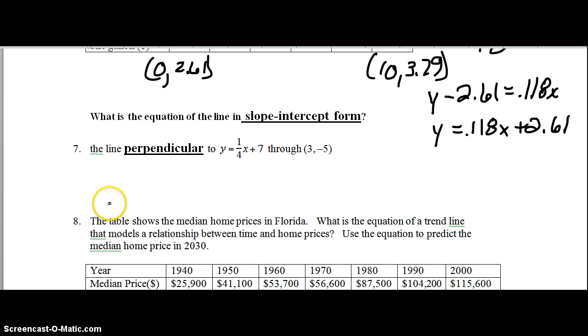So our next problem here is to write a perpendicular line to this one through this point. Well, perpendicular means taking the opposite reciprocal of 1/4. So I'm going to have this 1/4, and I'm going to have to transform it into the opposite of 1/4, or 4/1. Now I've got a slope and a point. Plug it into point slope.